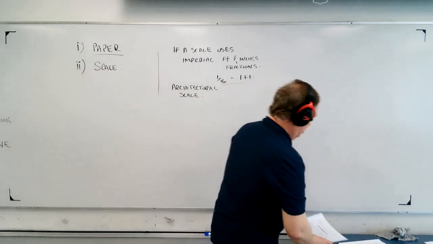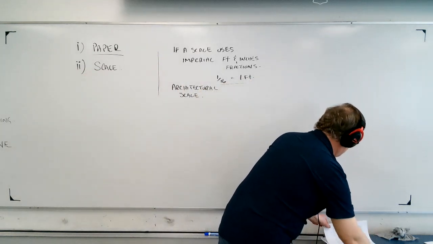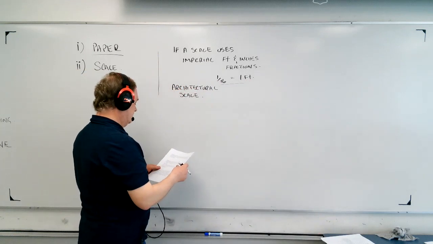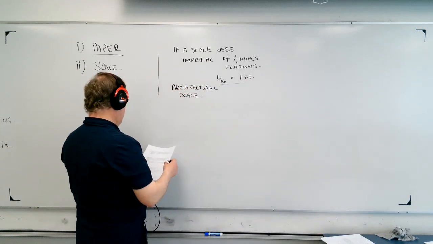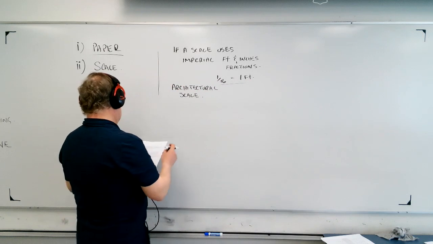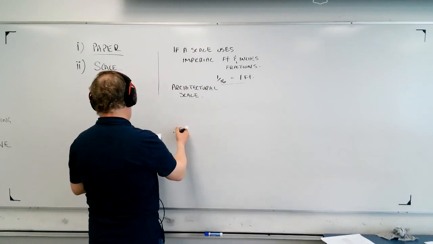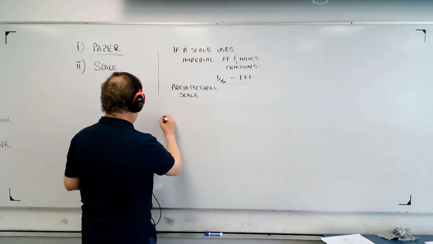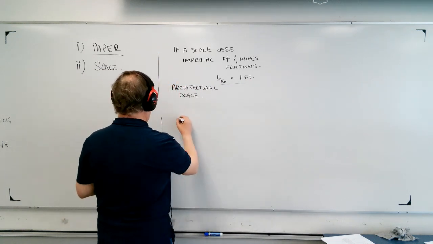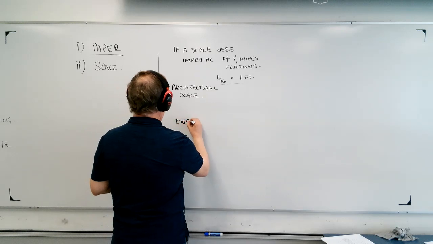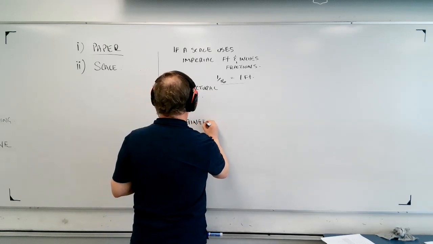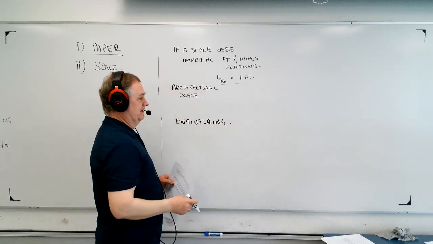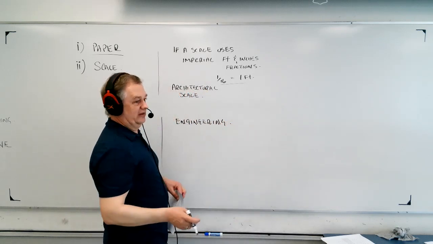Now, the other type of scale is usually used with very large projects. I should say it's a large project, like a large area, but it's actually a very small scale, okay? So small scale, called an engineering scale. These are used typically for things like streets or even highways that run through certain areas.